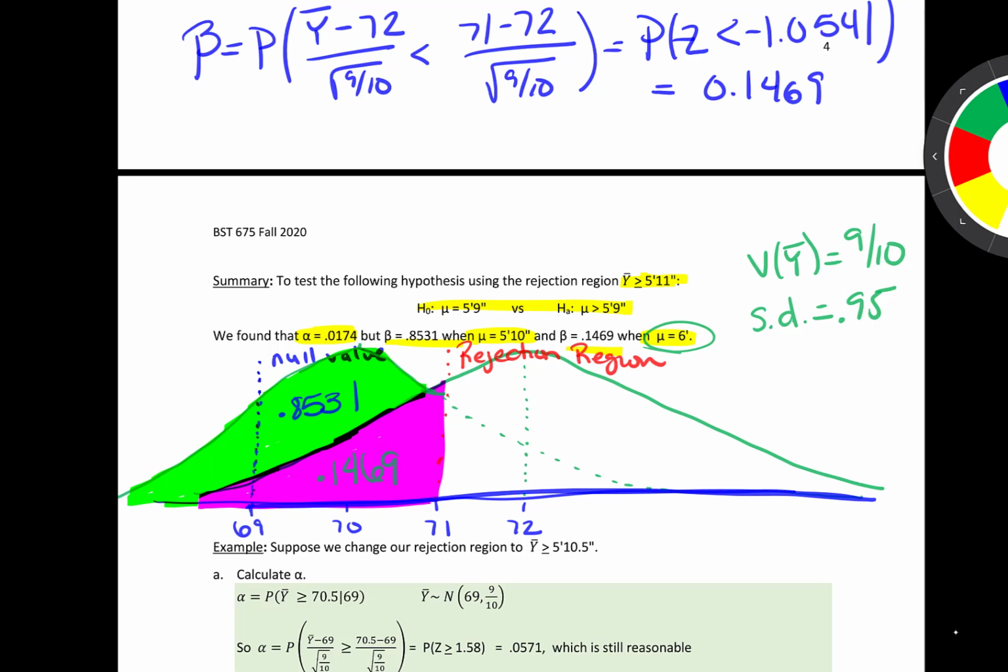And the further we shift that sampling distribution of y bar to the right, the less of that distribution is going to fall to the left of the rejection region, so the smaller our type 2 error is going to be. If we went all the way out here and drew another normal distribution, notice there our type 2 error would be essentially 0.